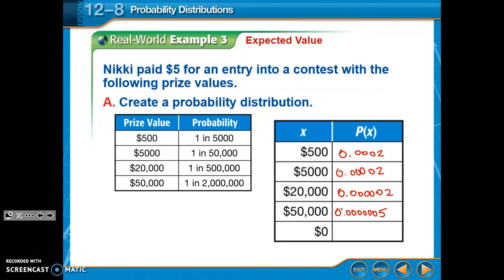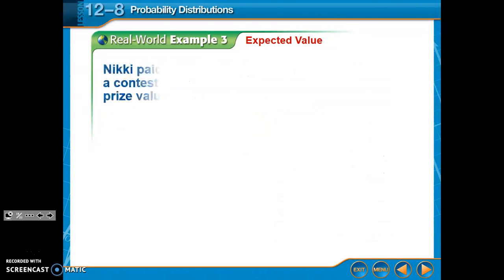Okay, and what I get is 0.99977775. All right? And so that's my probability distribution.